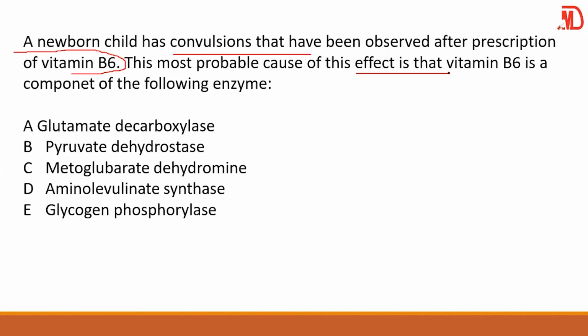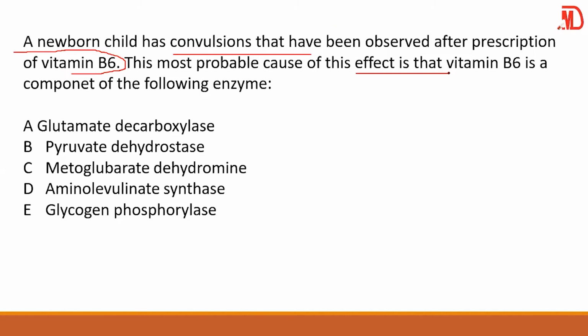Now back to the PLP, or pyridoxal 5-phosphate. It's a coenzyme for 5 important neurotransmitters: serotonin, dopamine, epinephrine, norepinephrine, and then GABA.